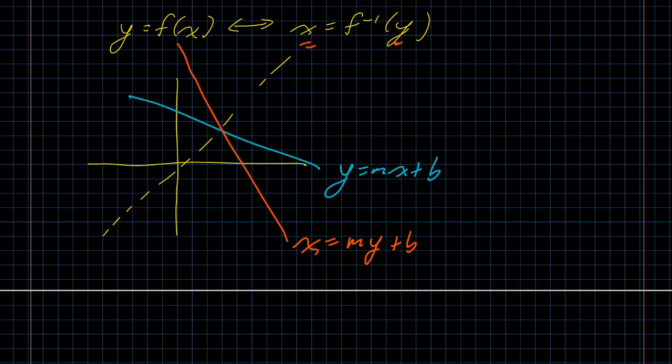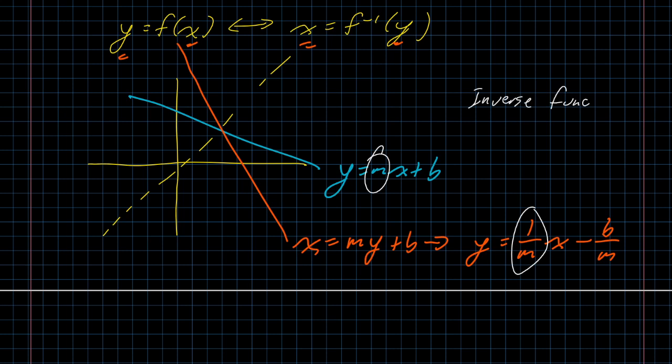Just swapping x and y. And I can rearrange that to get that y is 1 over m times x minus b over m. All right, that last part's not important. The important part here is that I took the reciprocal of the slope. Inverse functions have reciprocal slope.